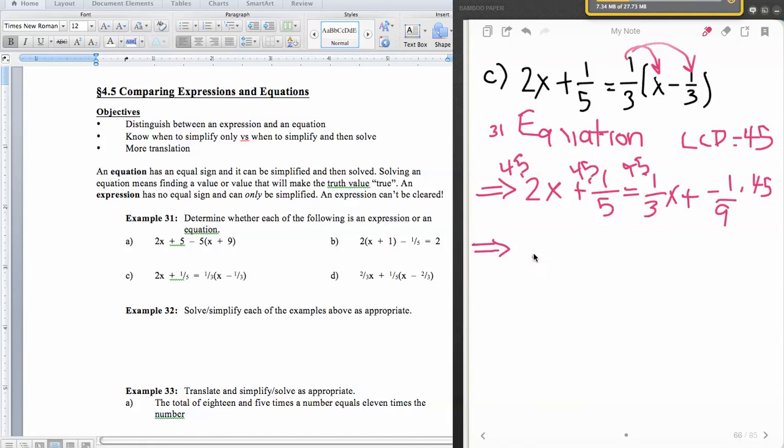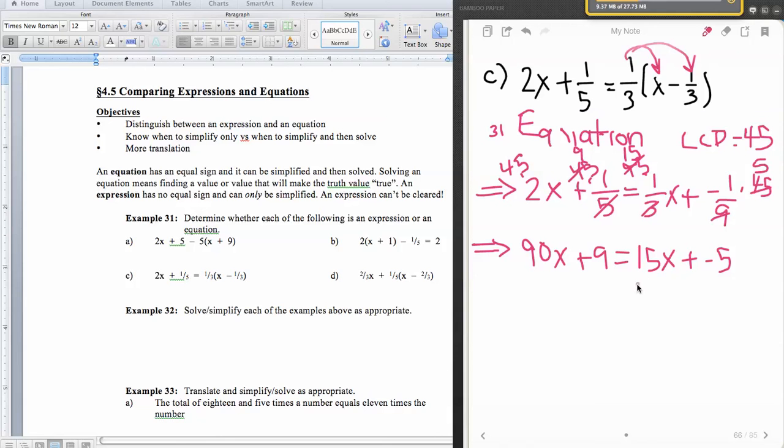So 2 times 45 gives us 90x, and then the next one, 5 goes into 45, 9. 1 times 9 is 9, and then that equals 3 goes into 45, 15 times. 15 times 1 times x is 15x, and then 9 will go into 45 5 times. Negative 1 times 5 is a negative 5.